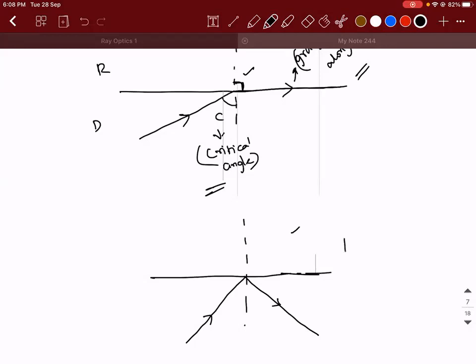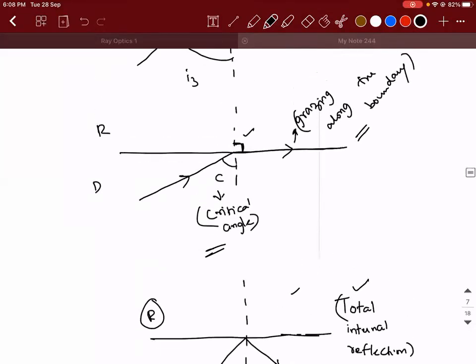And this kind of a phenomenon is called, any idea? Total internal reflection. That's right. This phenomenon of total internal reflection can be observed only when the light ray is traveling from denser to rarer medium. The vice versa, it will not work.